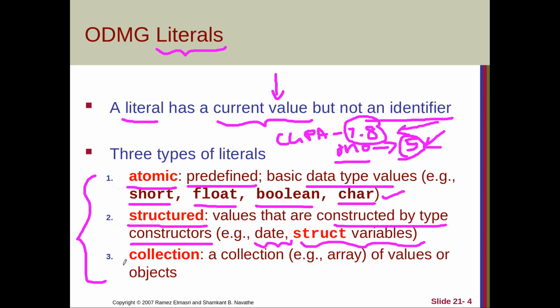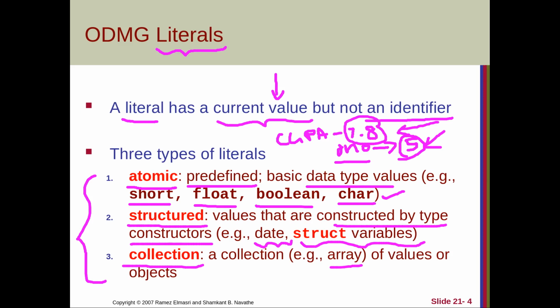And we have a third category of literal which is called collection literals, which always holds a group of values, a collection of values. For example, an array collection. An array collection consists of a number of elements of a particular type, a group of elements together forming a collection.